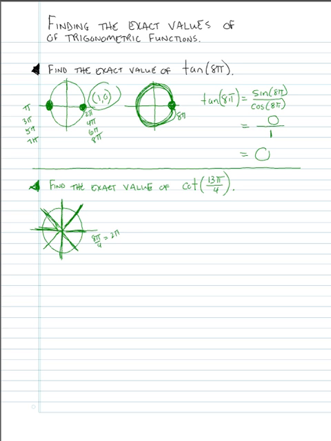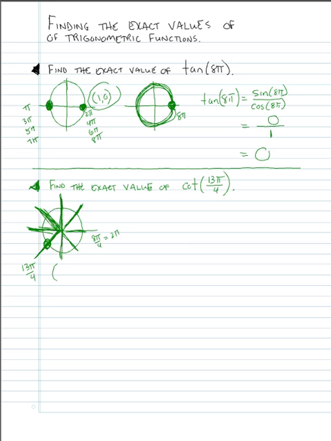There's 9 pi over 4, 10 pi over 4, 11 pi over 4, 12 pi over 4. Finally, 13 pi over 4 puts us right here. Now, what are the coordinates of that point? Well, with pi over 4, the coordinates are the same, but maybe opposite in sign, right?